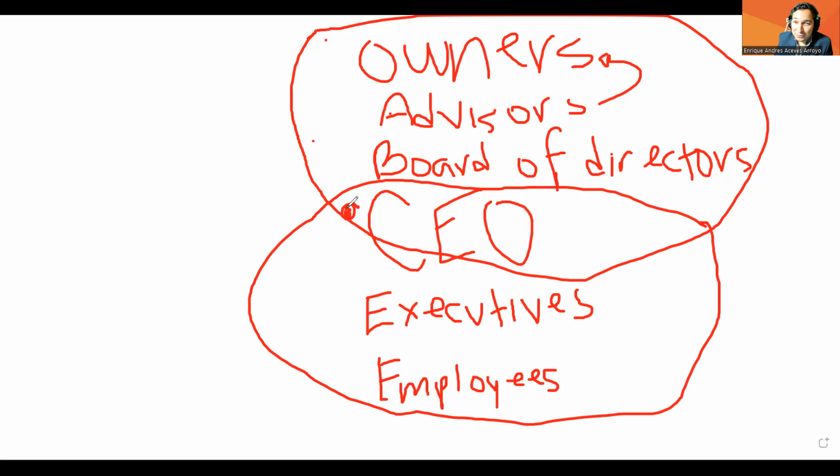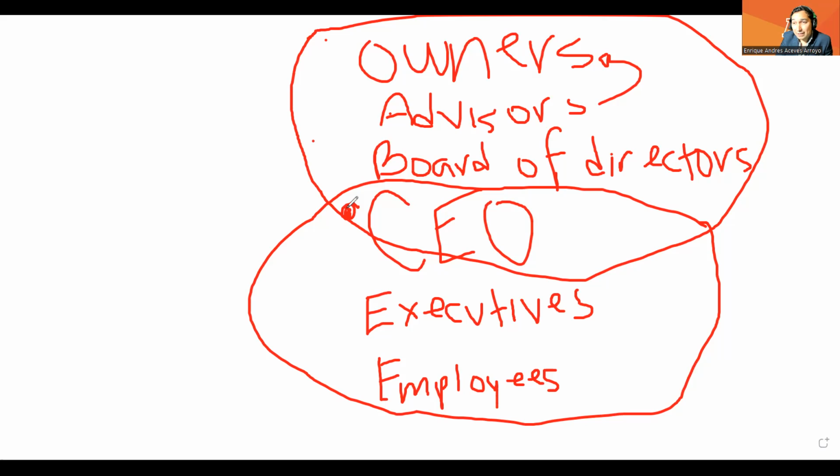He's in charge of his executives and the employees, but he also must manage all the relations with the owners. At the end, the owners are the ones that elect the board of directors, and the board of directors are the ones that elect the CEO.